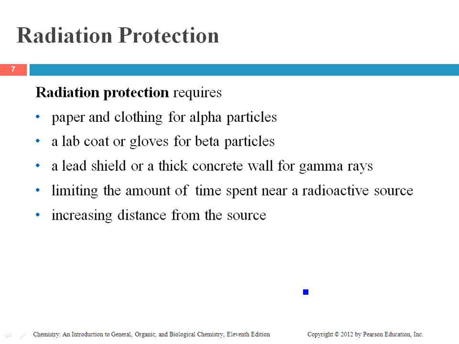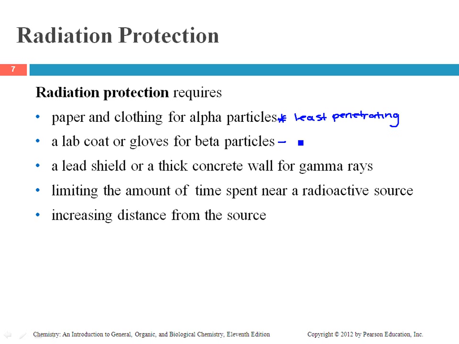For alpha particles, we're going to look at more and more reactions in the next section. A paper or clothing will protect you from alpha particles. So your alpha particles are going to be the least penetrating. For beta particles, you're going to need a little bit more protection from this radiation, a lab coat or gloves.